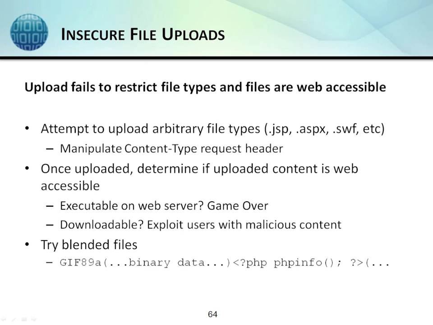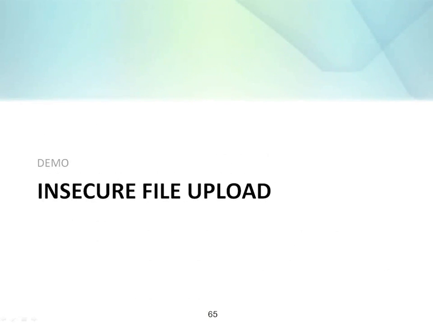So we're going to try one more demo, just to show you an example of how you might go about attempting to upload arbitrary files onto a web server that allows a file upload.